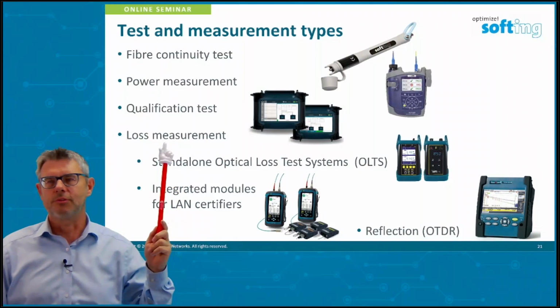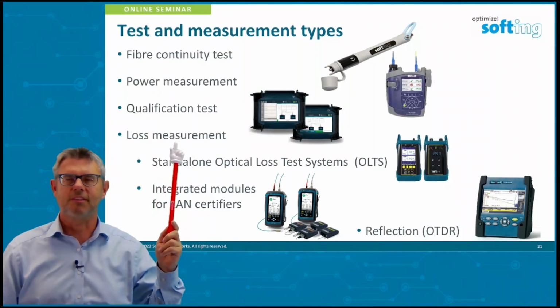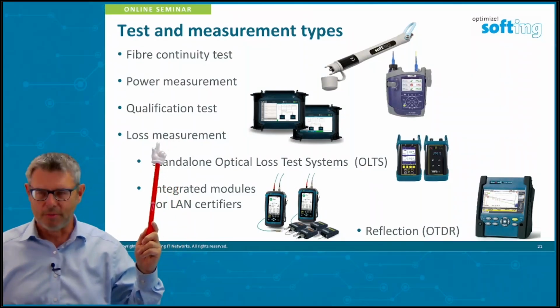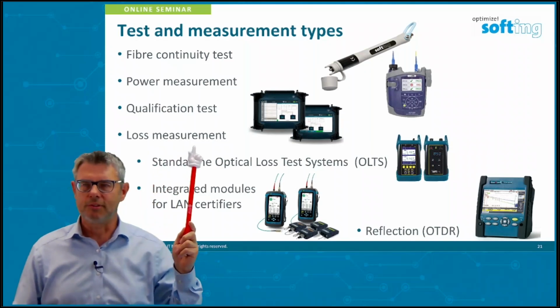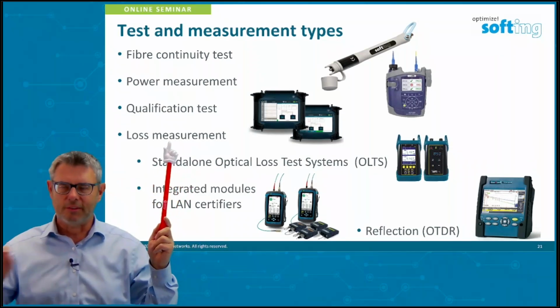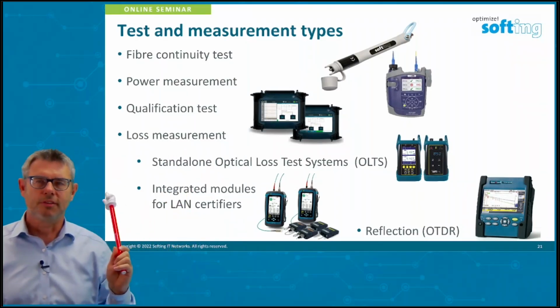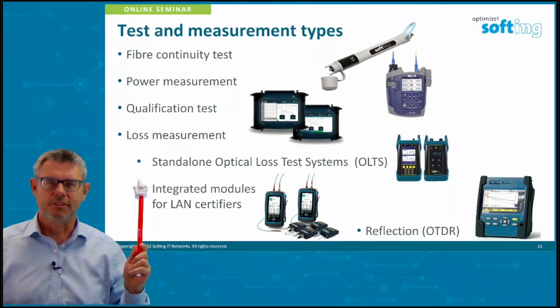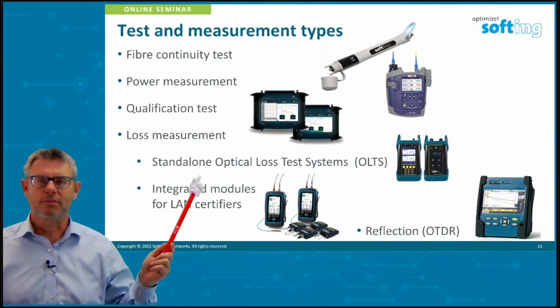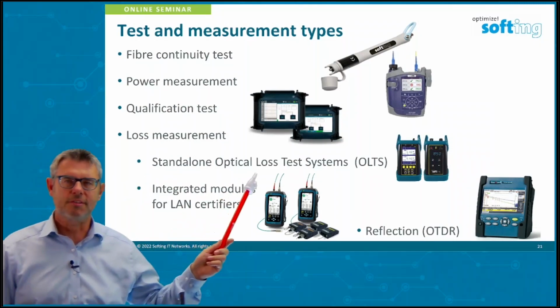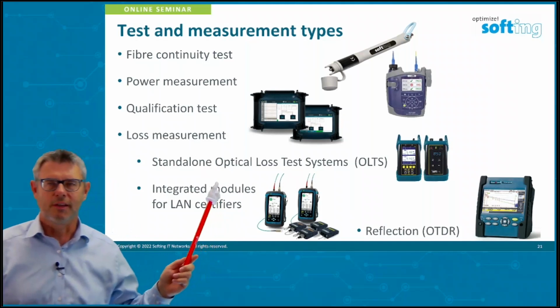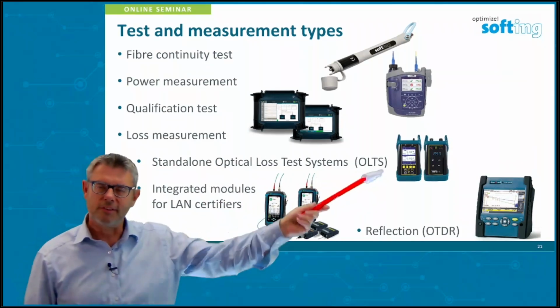And then we come to the real acceptance testing or acceptance measurement, which is loss measurement. So we are determining the amount of data of energy we lose over the fiber optic line. And there are two different setups of these loss measurement instruments. First of all, the standalone optical loss test system, OLTS, like our Fiber Expert 700 you can see over there.